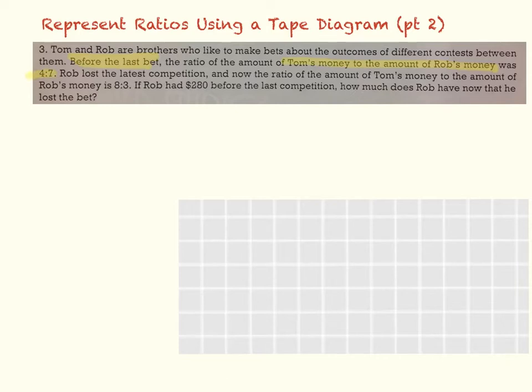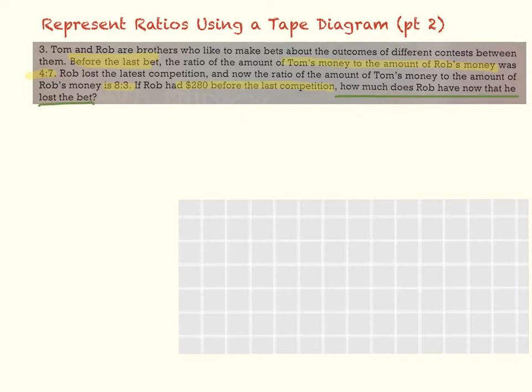After the latest competition, the new ratio is 8:3. And Rob had $280 before the last competition. How much money does Rob have now that he lost the bet?